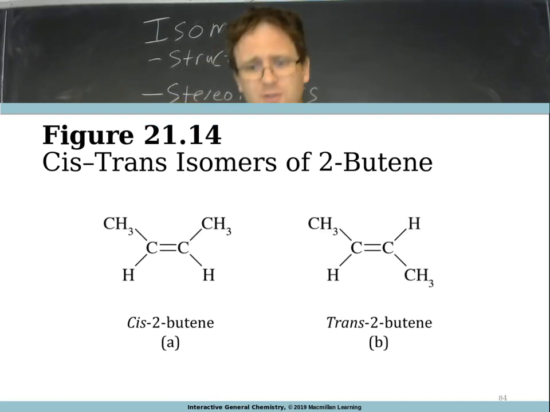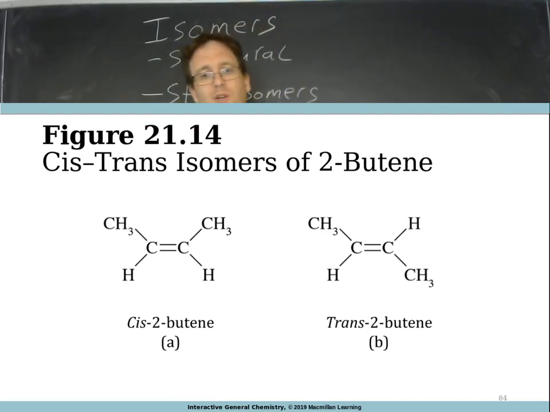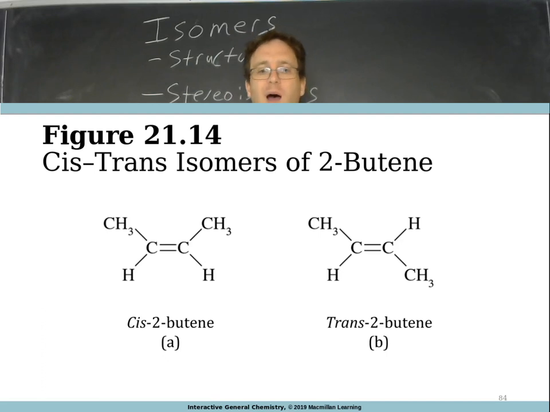Figure 21.14 is going to show how the butene can be arranged in two different ways. Now these are Lewis dot structures, but at least around the double bond, it's actually a good representation of how the molecule actually looks in three-dimensional space. Those carbons are sp2 hybridized, trigonal planar geometry, and so what you see here is actually a good representation of the three-dimensional shape of these two molecules.